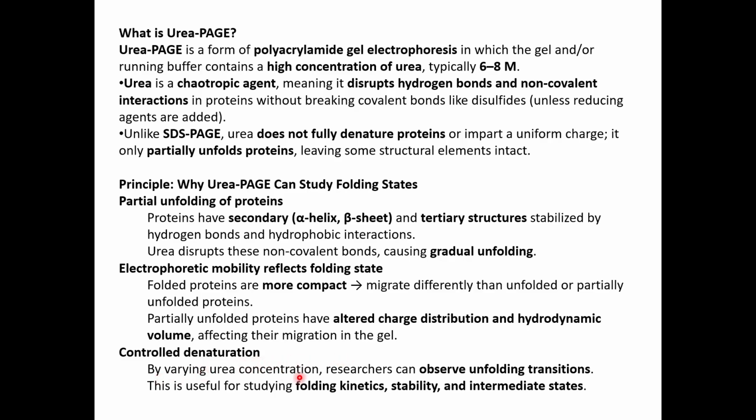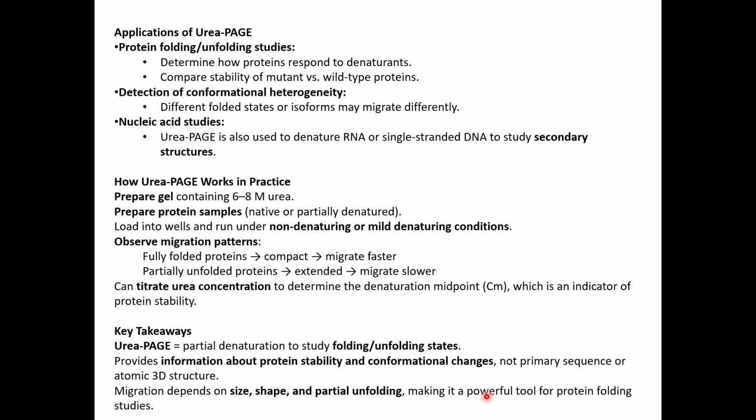A controlled denaturation is done by varying the urea concentration, so we can observe the unfolding transitions. This is useful for studying folding kinetics, stability, and also the intermediate states of the transitions. The major applications of urea-PAGE: protein folding or unfolding studies can be done.